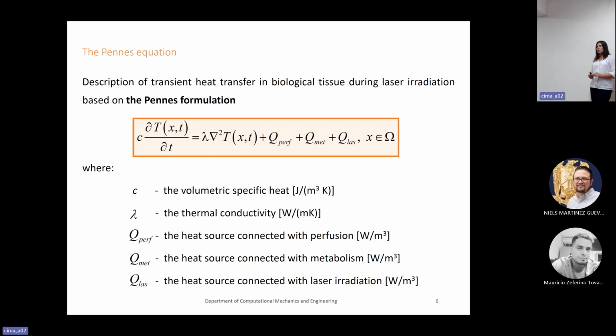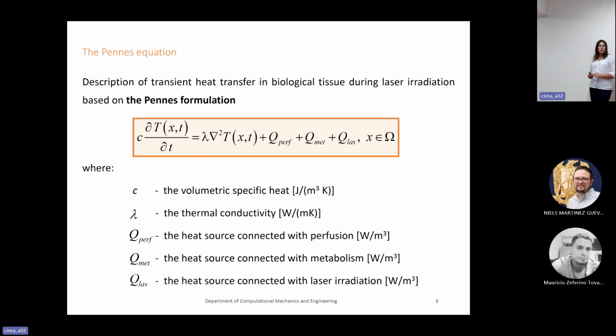What next? We have three heat sources. Two of them we must always analyze, and one is optional. It is the heat source connected with the laser irradiation. But the heat sources connected with blood perfusion and metabolism are like in the Pennes equation.